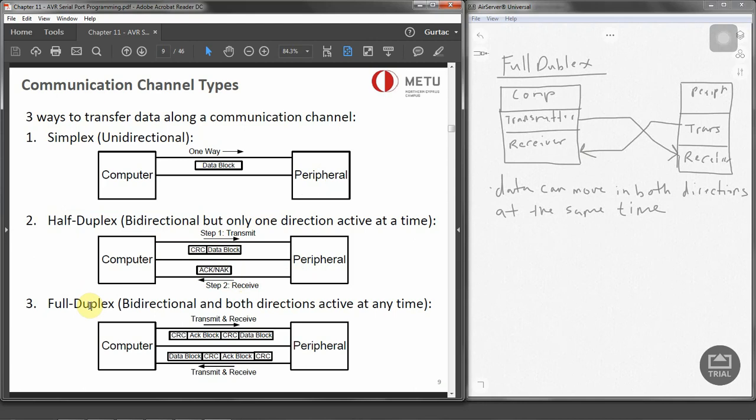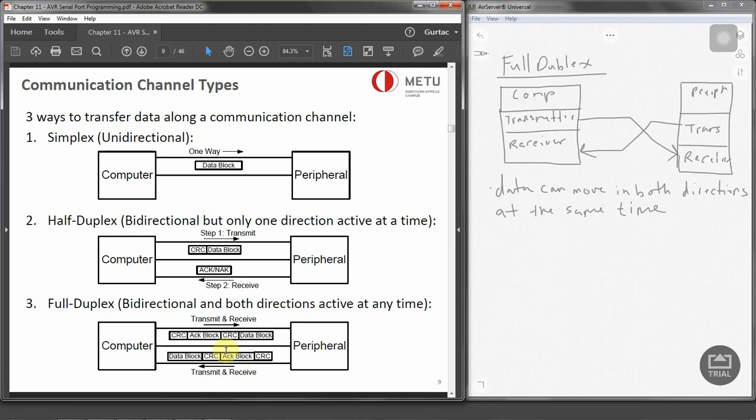And the full duplex one, it sends both the CRCs and the acknowledgement and the data blocks and so on, and it can also receive and transmit from the other side as well. So it can work in both directions. So I hope it's clear. If you have any questions related to this, note it down and ask me during the QA session.